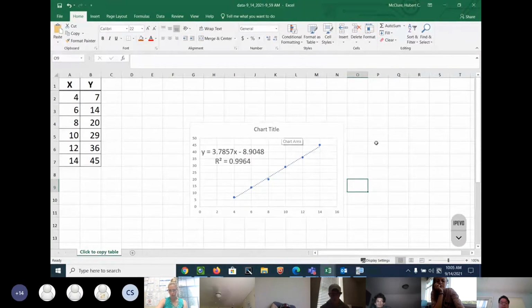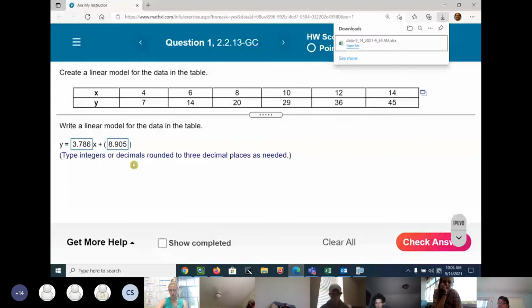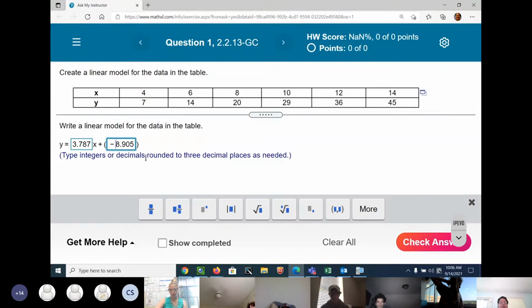Let's see what they want for an answer. Y is equal to 3.7857 minus, got to put a negative there, 8.9048, says round to 3, so that would be 0.5. That should be your answer.